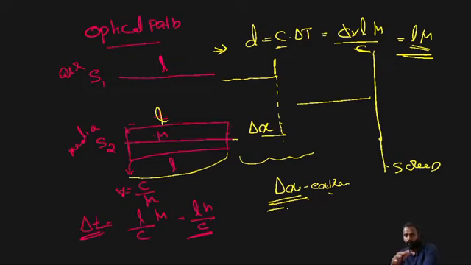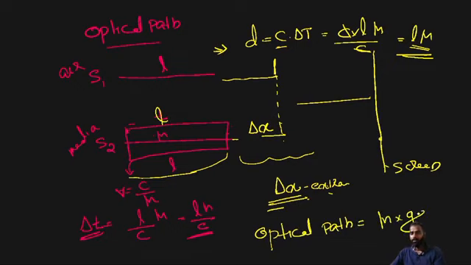So now I hope it is clear how the optical path concept is coming, how a glass slab is introducing a path difference. So in most cases, optical path is mu times geometrical path.